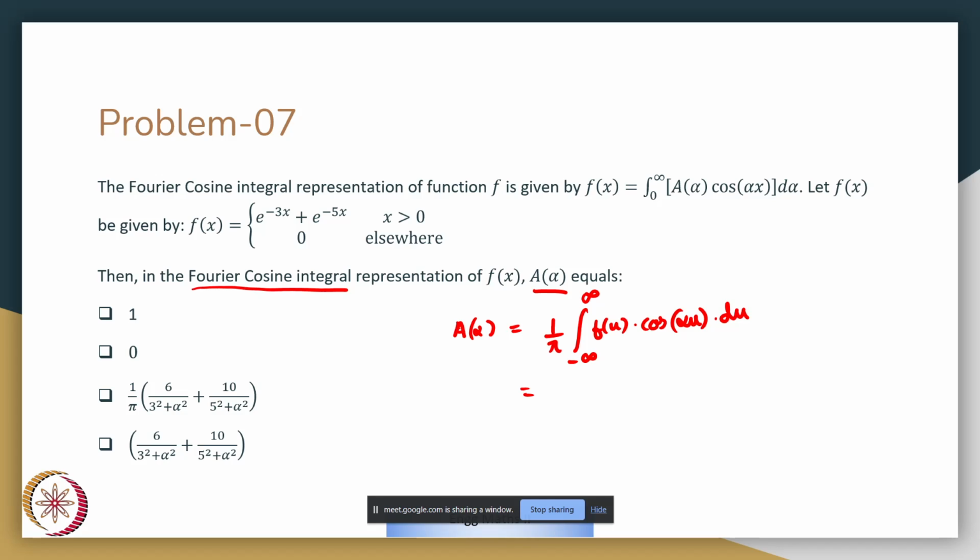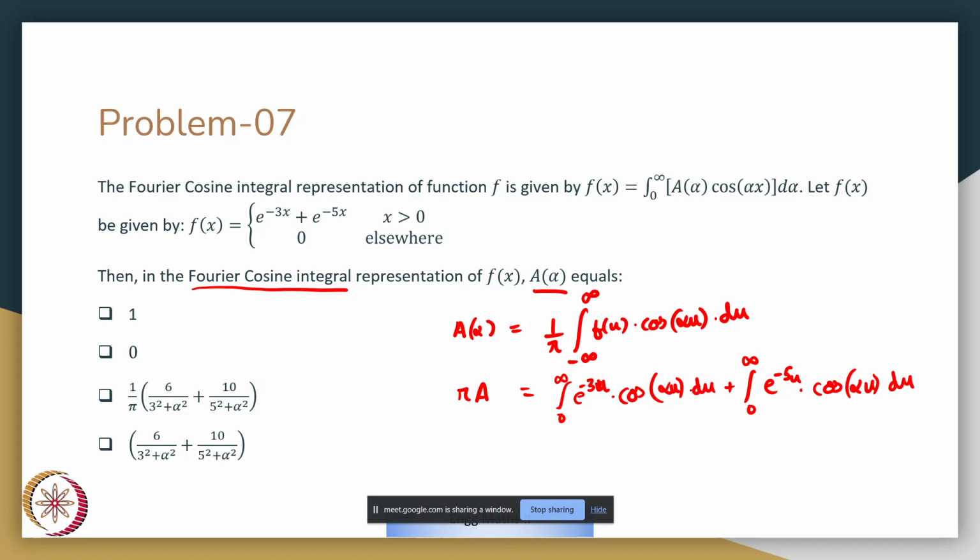So pi times A is the integral 0 to infinity e raised to minus 3u cos of alpha u du plus the integral 0 to infinity e raised to minus 5u cos of alpha u du.